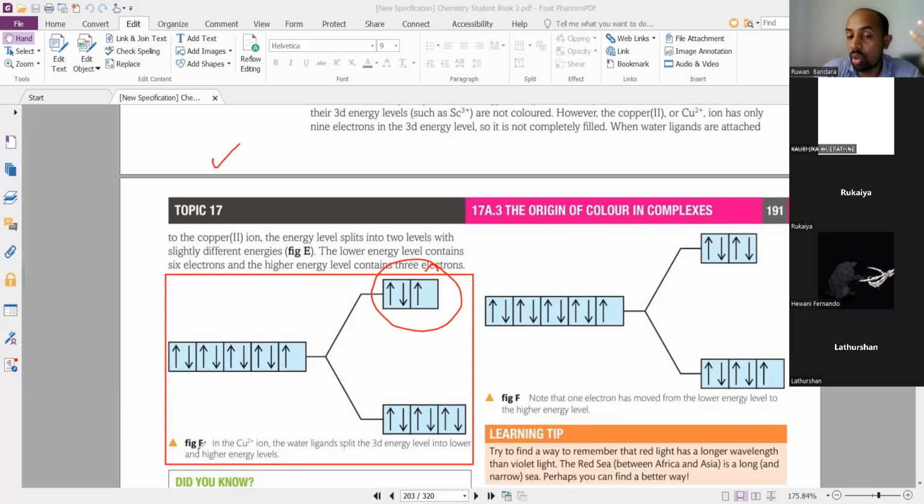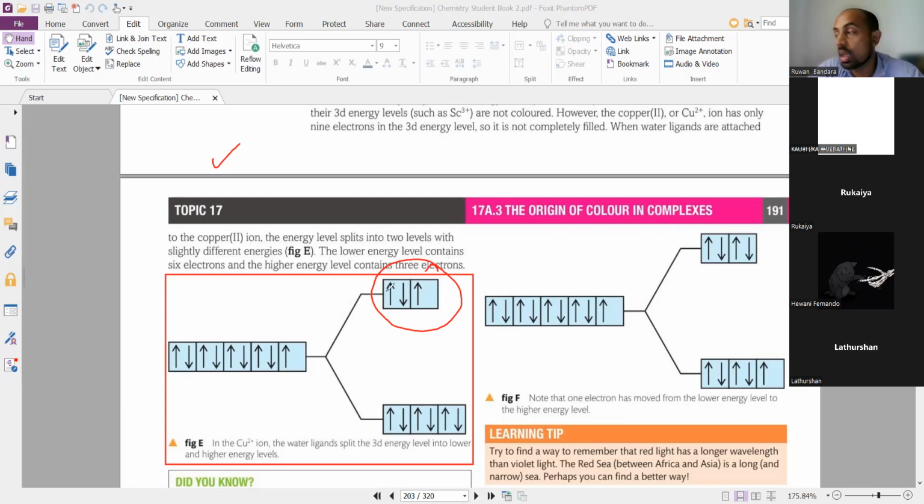That's what I told you, that there should be empty orbitals, right? Okay. So the second point is electron in the lower level will absorb energy from the visible light and move to a higher level.